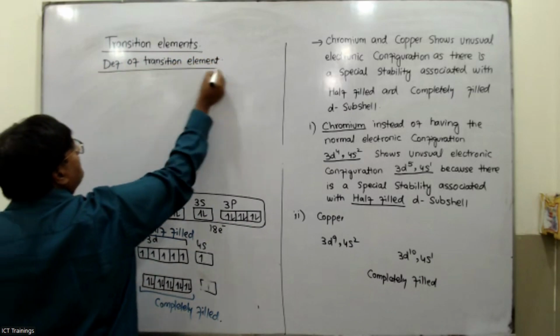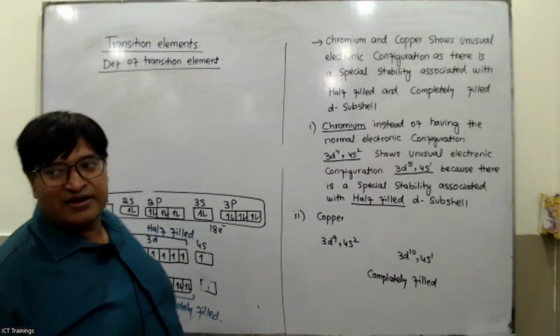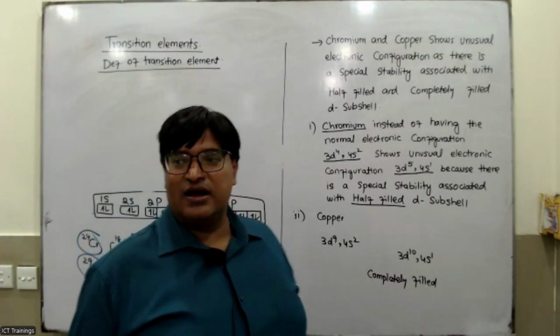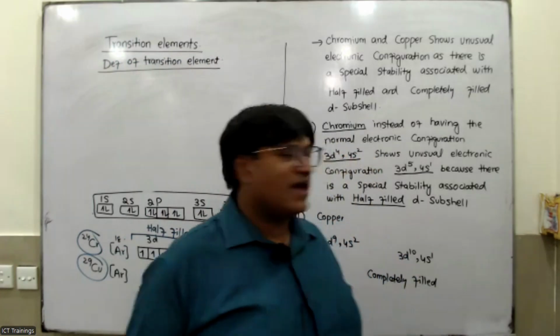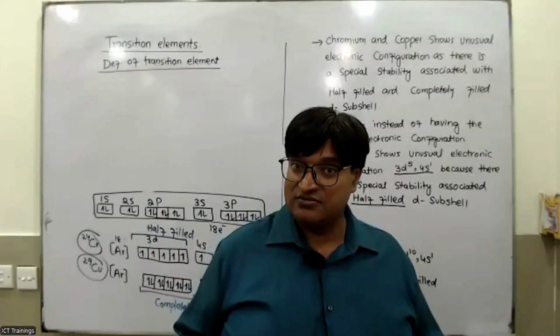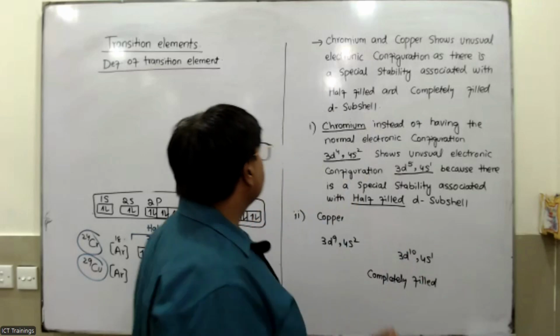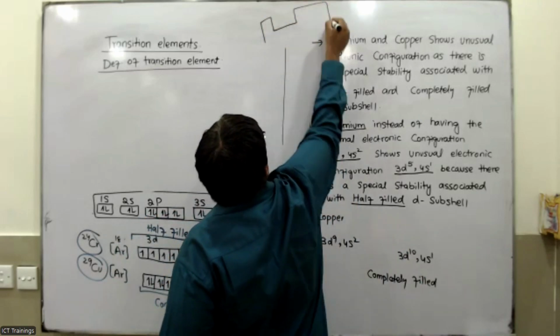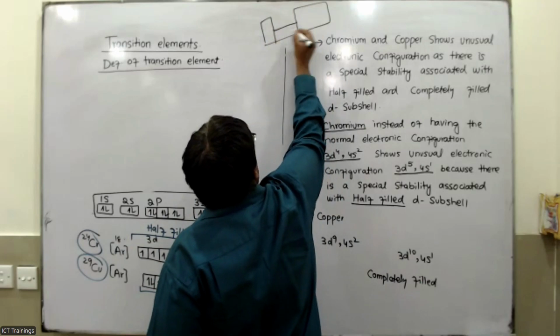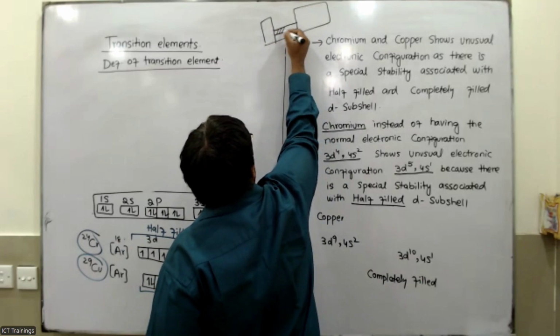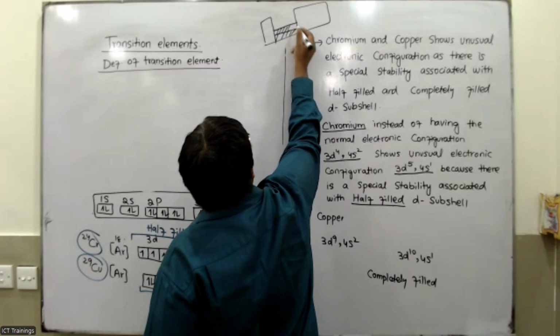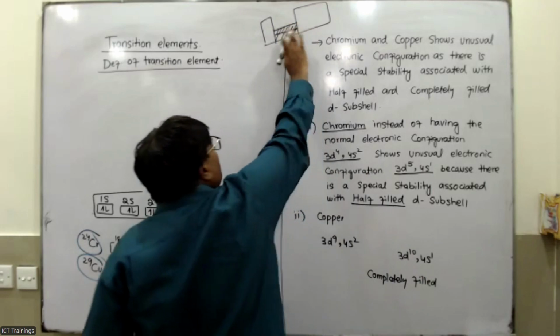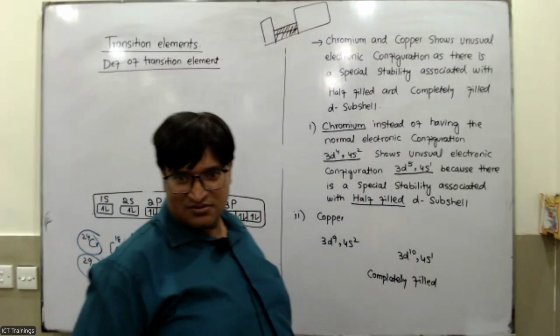Okay. The first thing you should keep in mind is that not all the d block elements are transition. Okay, so this is the periodic table. So not all the elements present up here, this whole set of elements, are transition.